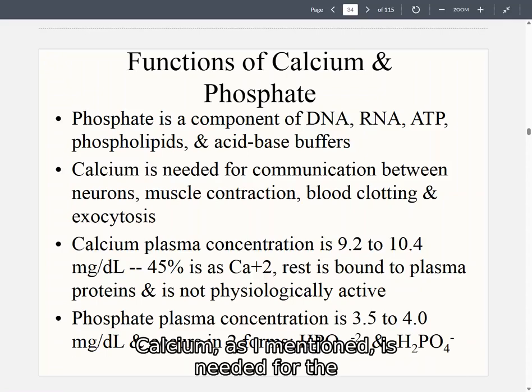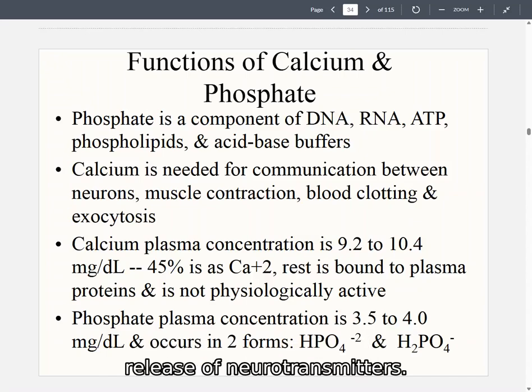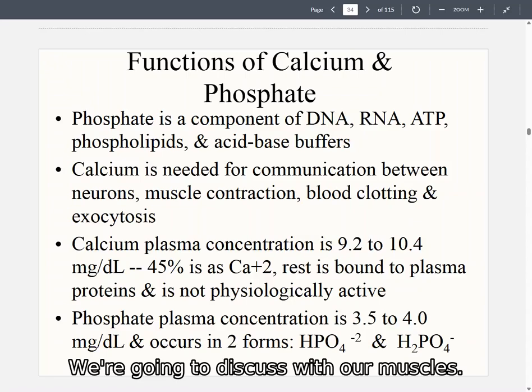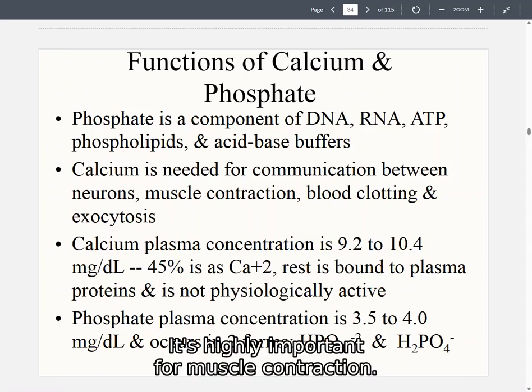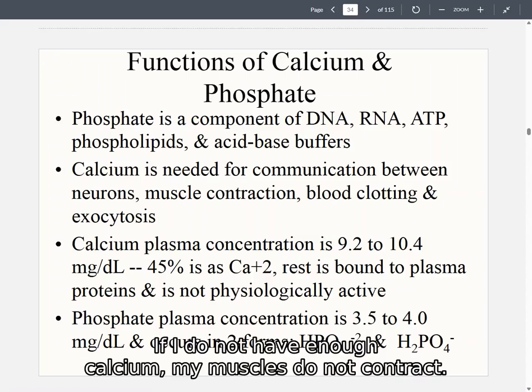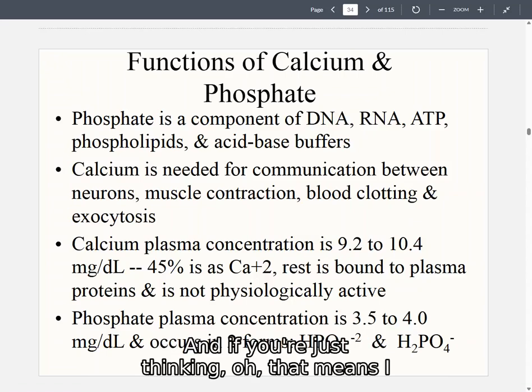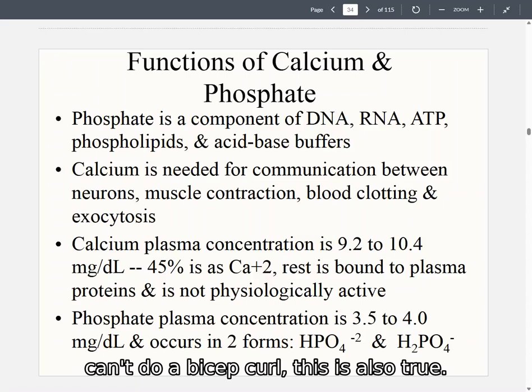Calcium, as I mentioned, is needed for the release of neurotransmitters. So it's important for nerve signal communication. We're going to discuss with our muscles, it's highly important for muscle contraction. If I do not have enough calcium, my muscles do not contract. And if you're just thinking, oh, that means I can't do a bicep curl, this is also true.